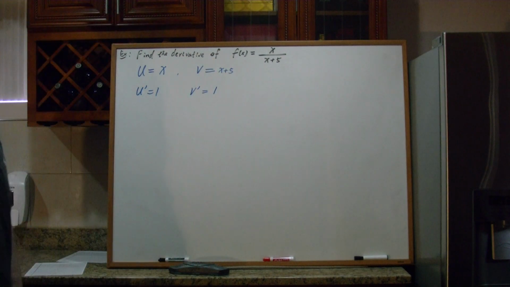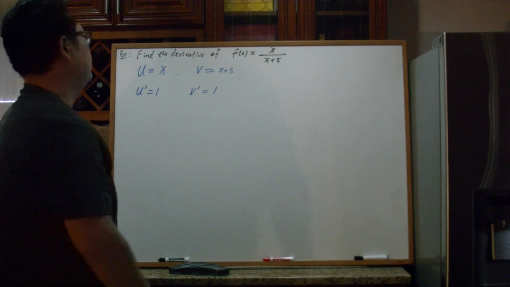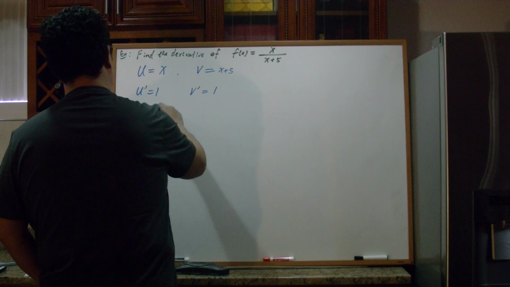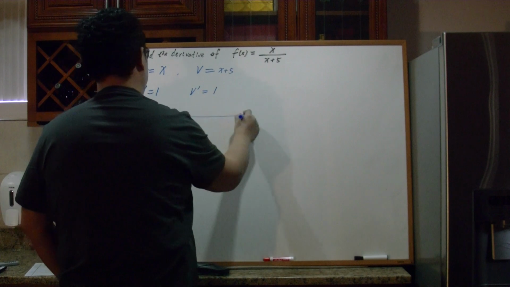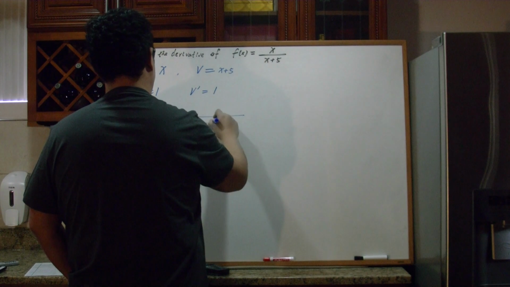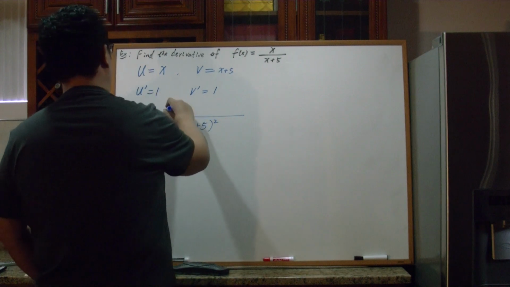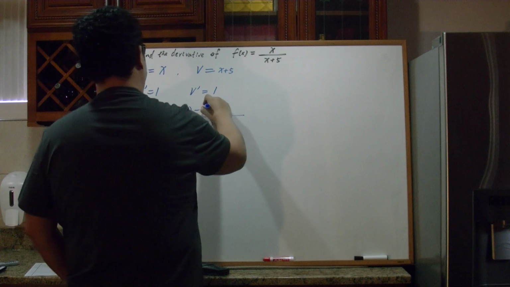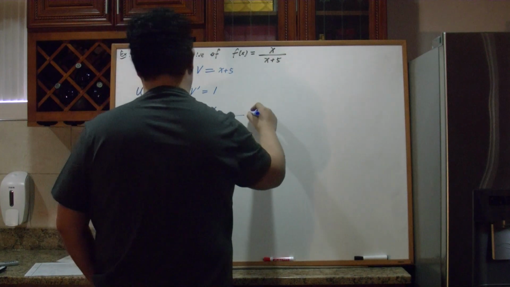I could go a little faster, and you're still able to follow, right? 1 plus 0 is basically still 1. Then f prime of x, apply the quotient rule, that is u prime v minus v prime u over v squared. So we get u prime times v minus v prime times u over v squared.